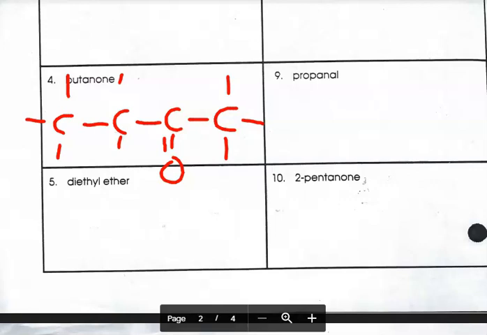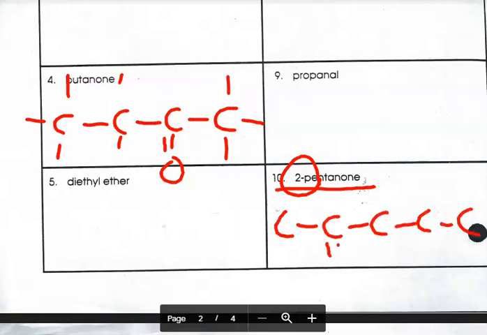Okay, so butanone is C double bond O. Now, it's not called 2-butanone. It doesn't have to be, because it can only be in one of those 4 spaces inside of the molecule. It's not long enough. In fact, let's go to number 10. 10 is another ketone. But now we get the number because, of course, with pent being 5 carbons, it could have been on the 3rd carbon or the 2nd. I draw out my 5.